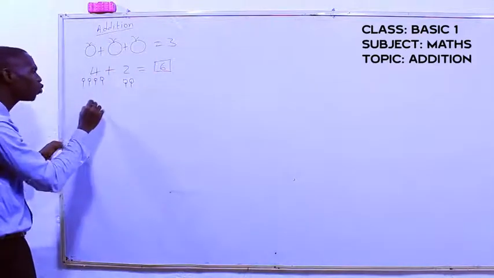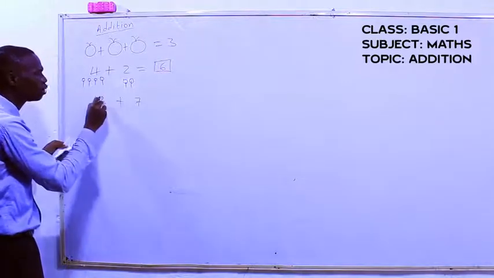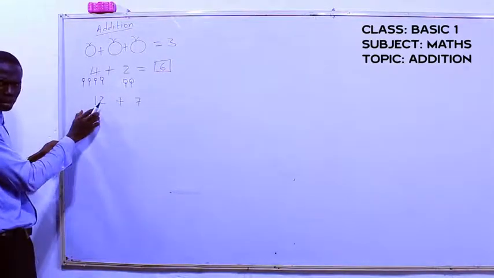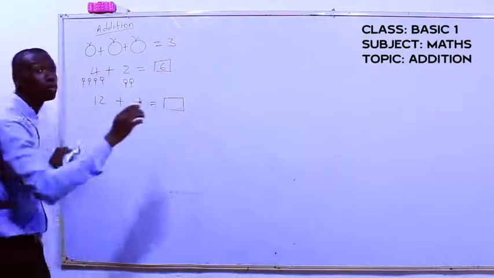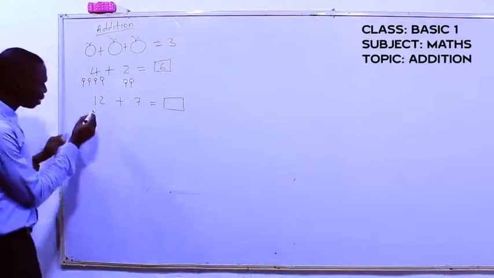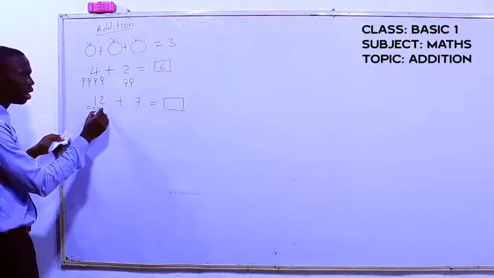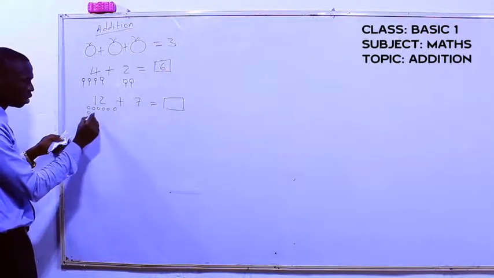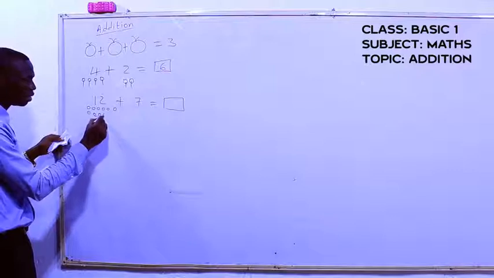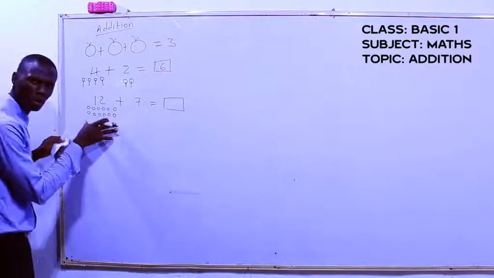If you have 12 plus 7, 12 is a big number. Do you know that? What will I do? I will count 12 stones. Let's count. 1, 2, 3, 4, 5, 6, 7, 8, 9, 10, 11, 12. 12 stones.